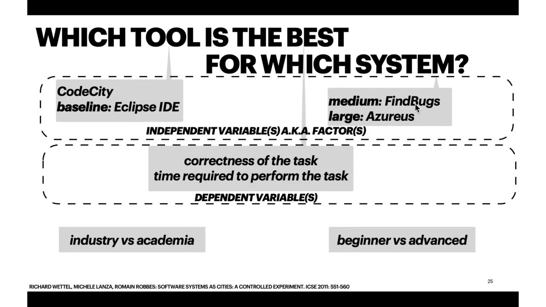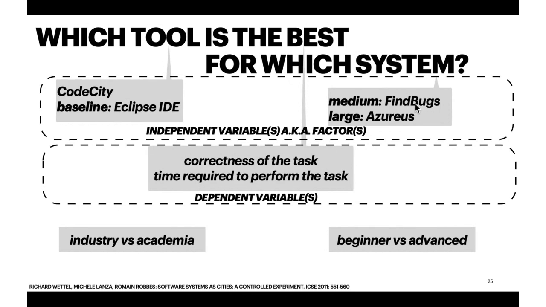If we consider industry versus academia and beginner versus advanced as parameters, then we will necessarily be focusing only on a subgroup, for instance, only industrial advanced developers or only beginner programmers from academia.